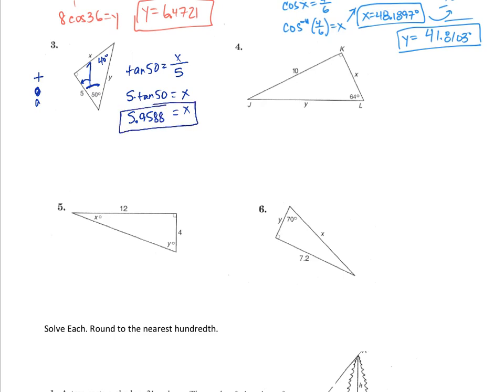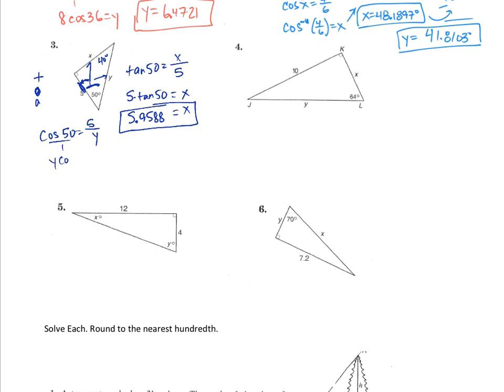Now, solving for y, you could again use the Pythagorean theorem, but I'm just going to go ahead this time, and I want to relate something that is the adjacent over the hypotenuse, so that I could show it to you with trig functions, and that is the cosine. So the cosine of 50 is the adjacent, which is 5, over the hypotenuse, which is y. If you put this as a ratio, as a fraction like that, you can cross multiply.